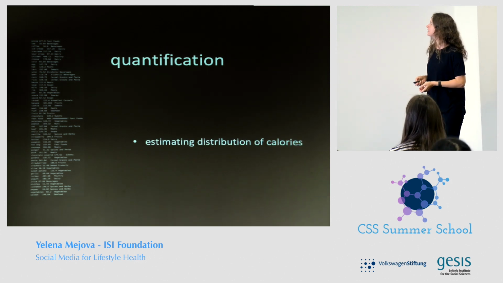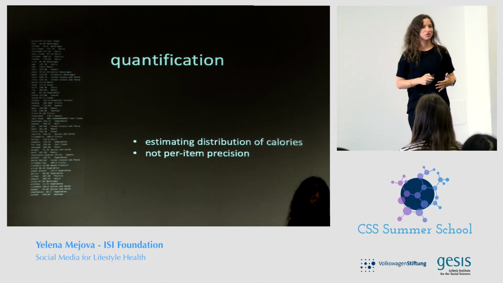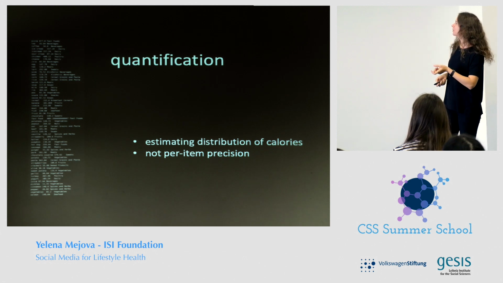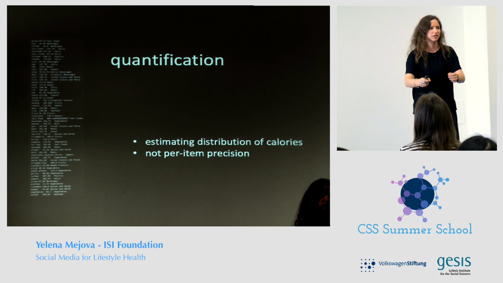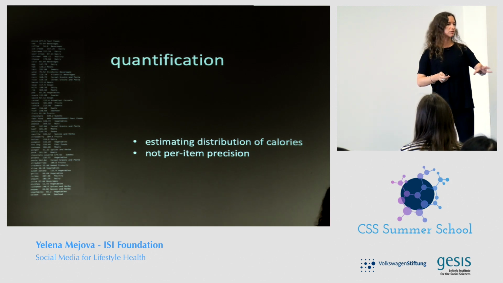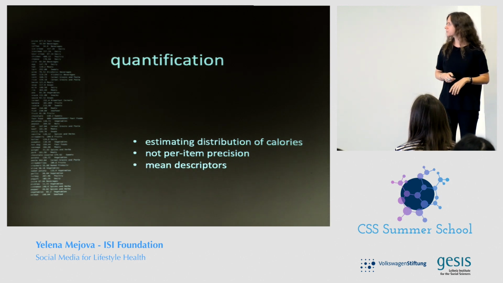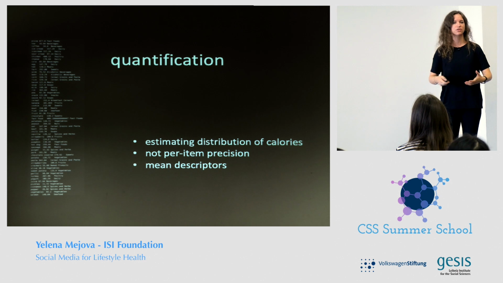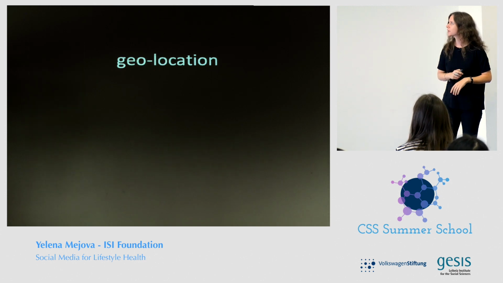So we just want to estimate what calories people are consuming, which is just one number. We don't care about counting the slices of sausage on a pizza. We will just squint and give it this aggregate value. Then we have these mean descriptors of common foods that we will apply to our data set.